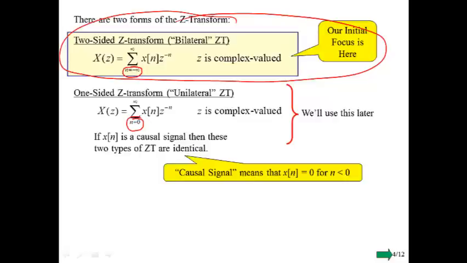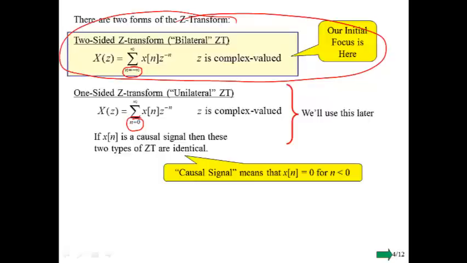Now, we will mention things. We've talked about causal systems, and we're going to just extend that phrase to apply to a signal. A causal signal is one for which its values are all equal to 0 for any n value less than 0. So what we see is that for the class of causal signals, these two forms of the Z transform are identical.